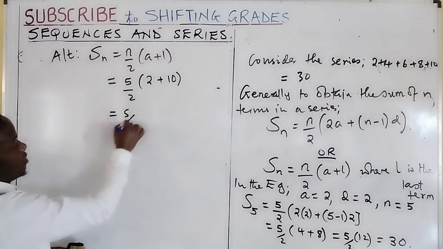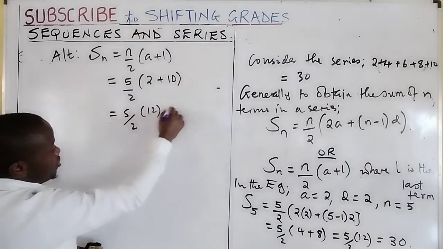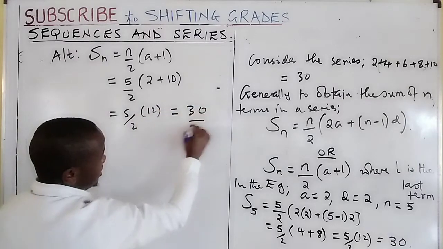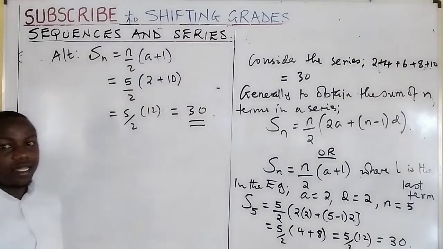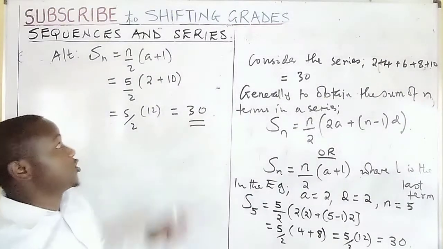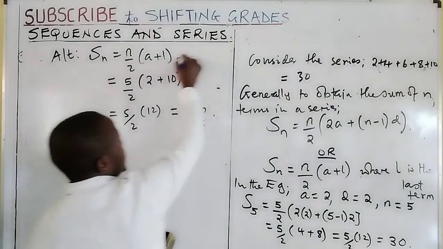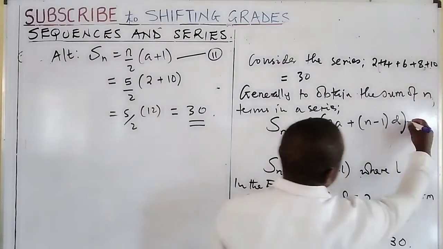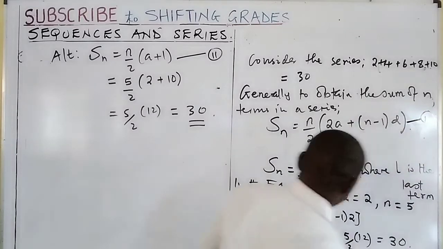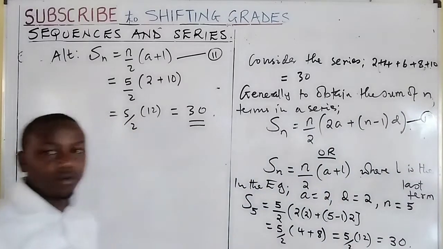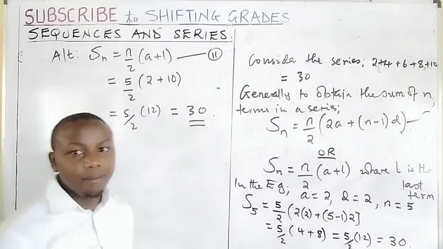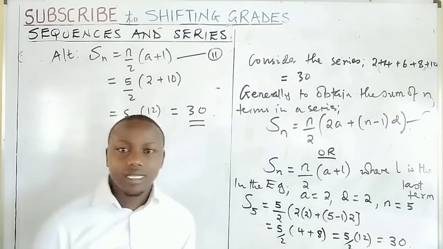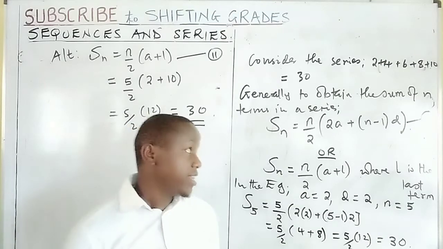Therefore, 5 over 2 by 12. Half of 12 is 6, 5 by 6, we get 30. Therefore, the two formulas, number 1 and number 2, are applicable to get the sum of a given number of terms in an arithmetic series.